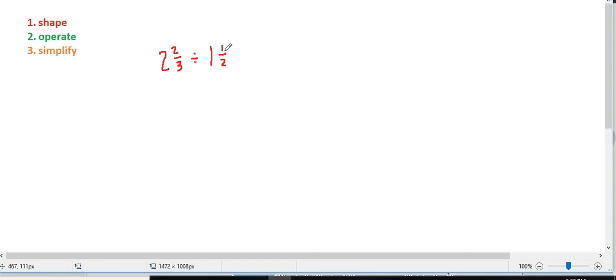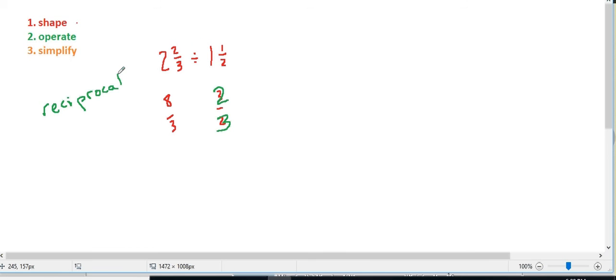Okay, so to do this, to shape it first, we always rewrite these like so. Then we operate by switching this to the, one more time, reciprocal.